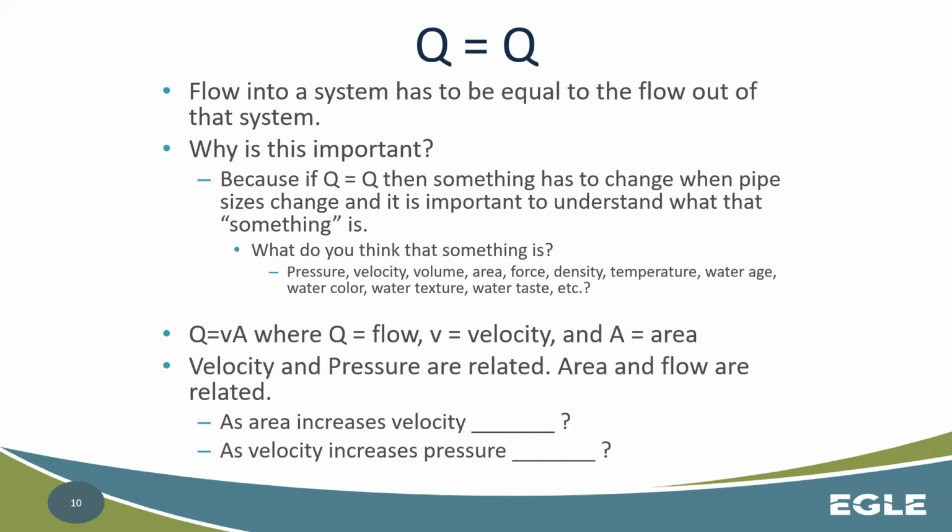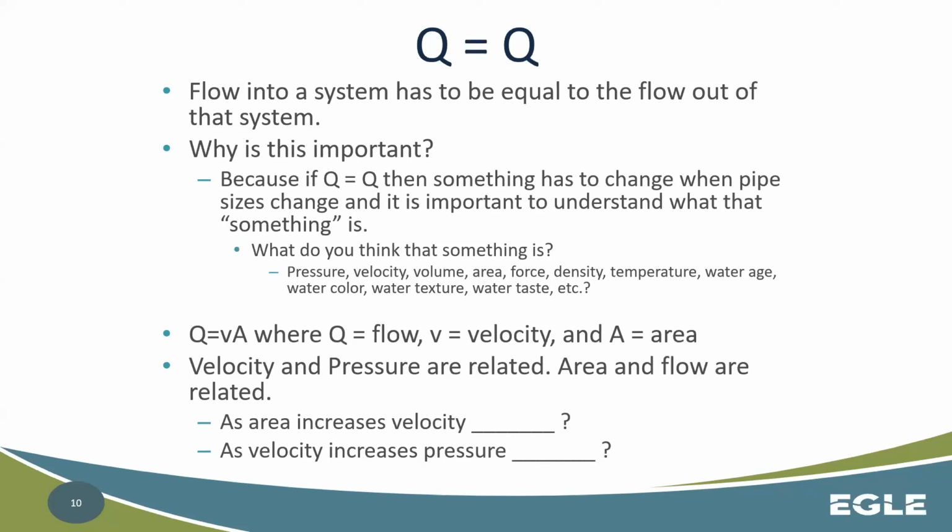So flow in equal to flow out. Flow into a system has to equal flow out of the system. If flow has nowhere else to go from point A to point B, then all the water that comes into point A must be coming out at point B. So basically, if I'm getting 100,000 gallons into the system, we should be getting 100,000 gallons out of the system in some way.